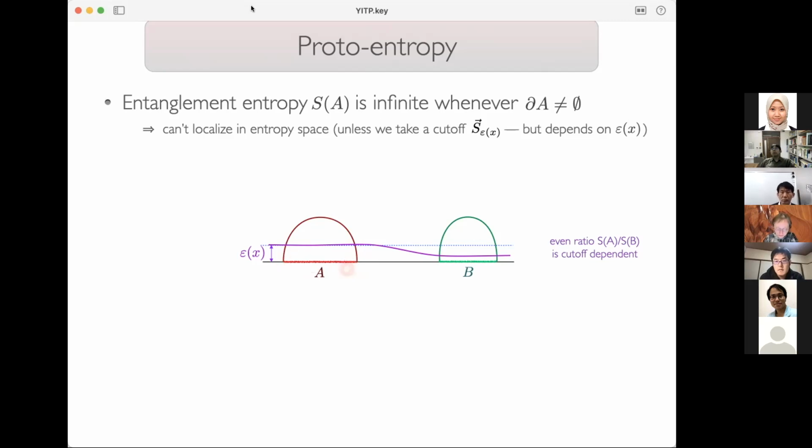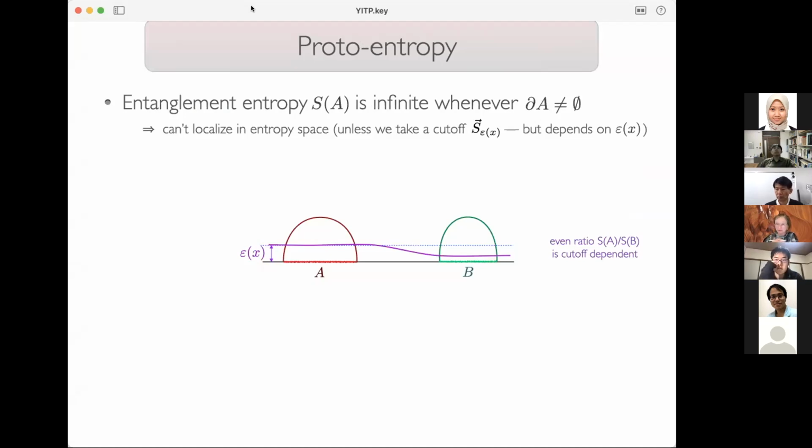So entanglement entropy of A would be infinite, entanglement entropy of B would be infinite. You might think that maybe we can work on the celestial sphere of the entropy space, but even that's not quite the right construct, because you can make them finite by taking some cutoff, but because we can specify the cutoff to be position dependent, even the ratio of these things depends on what sort of cutoff we specify.